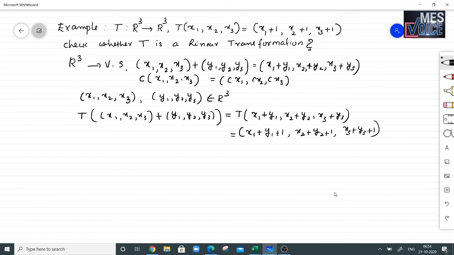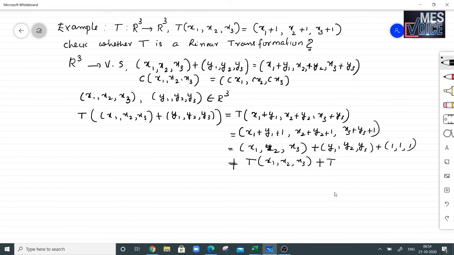This is equal to ordered triplet (x1, x2, x3) plus ordered triplet (y1, y2, y3) plus ordered triplet (1, 1, 1). And this is not equal to T of (x1, x2, x3) plus T of (y1, y2, y3).